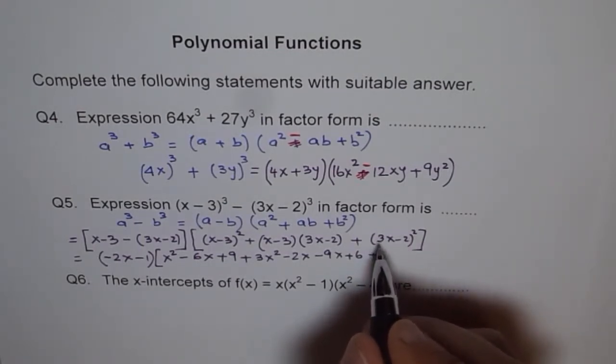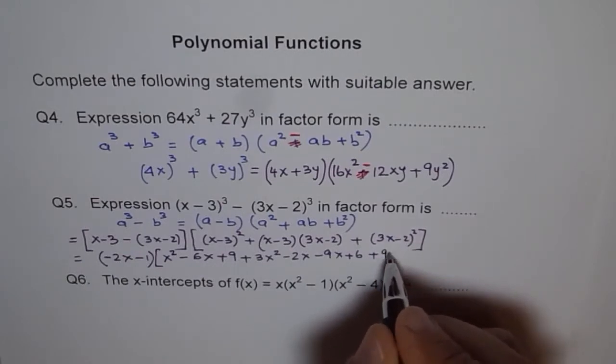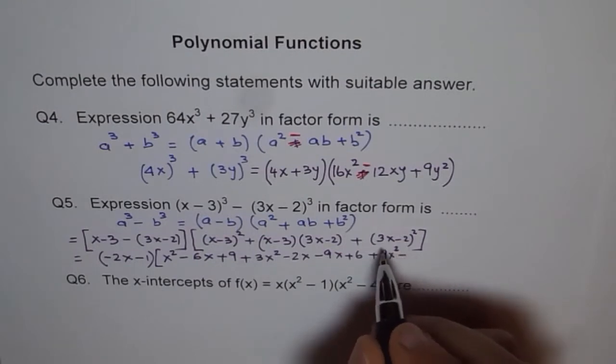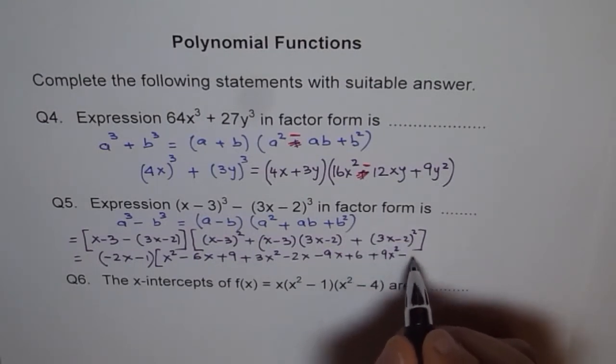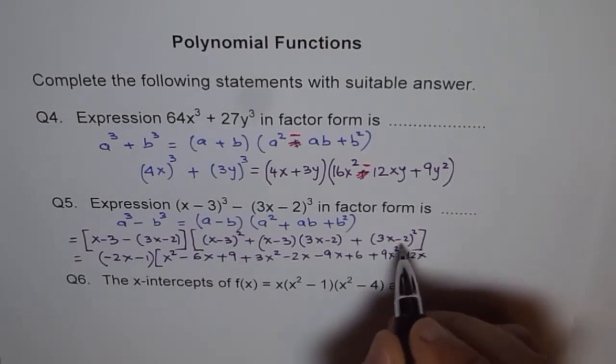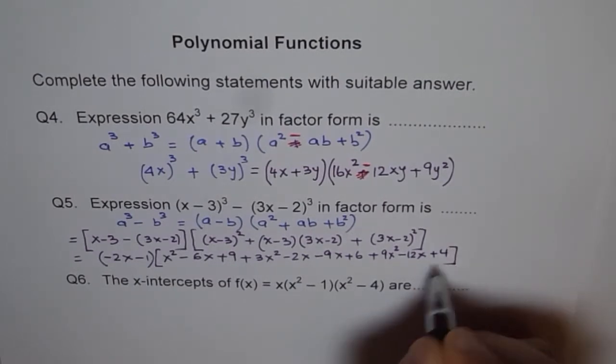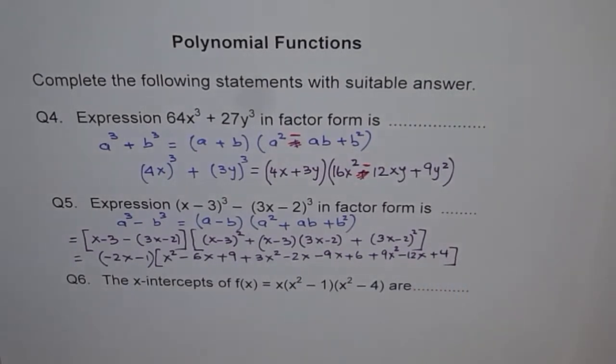Don't forget that part. 9x squared minus 2 times this, 2 times 3 is 6, 6 times 2 is 12, x plus 4. Right? So this is what you get here.